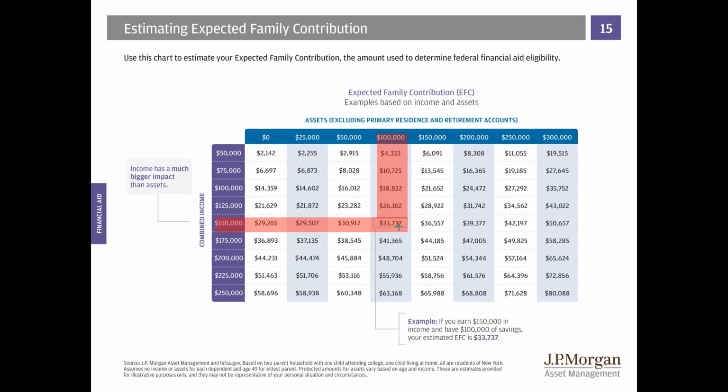Also keep in mind that all 529 and education savings account assets owned by a parent and the student completing the FAFSA are treated as assets of the parent for federal aid purposes on the FAFSA.